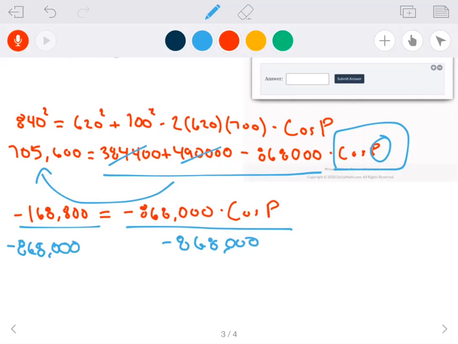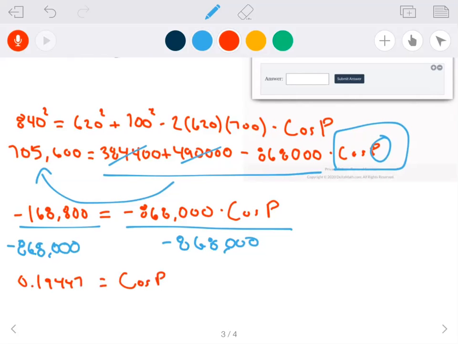That gives me a tiny number. I get a decimal of 0.19447 equals the cosine of P.